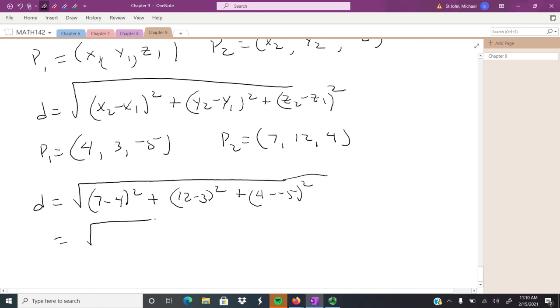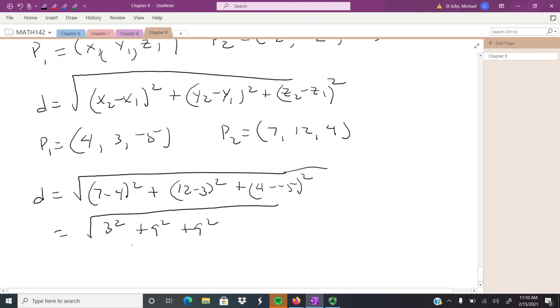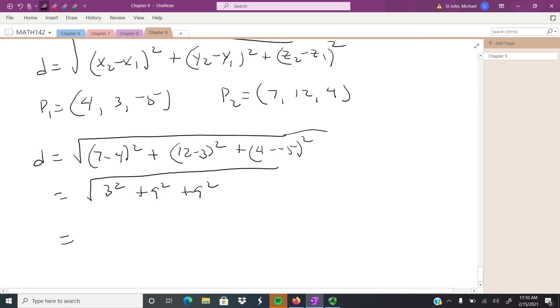So this is going to be 3 squared plus 9 squared plus 9 squared. So we end up at the square root of 171.